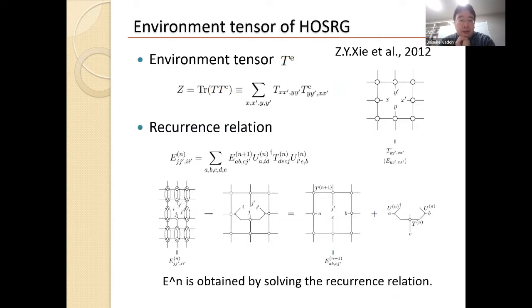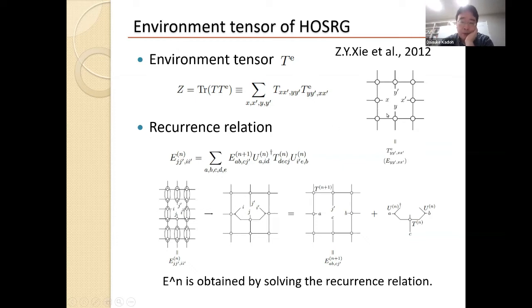And for square lattice tensor network, the environmental tensor ME is a rank 4 tensor. T is a rank 4 tensor, and T is removed from the whole tensor network. Then the rest of the tensor network, removing a single T, is the environmental tensor for the square lattice tensor network.